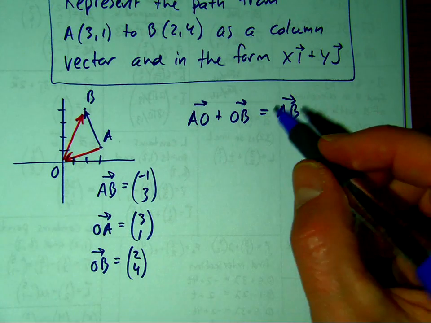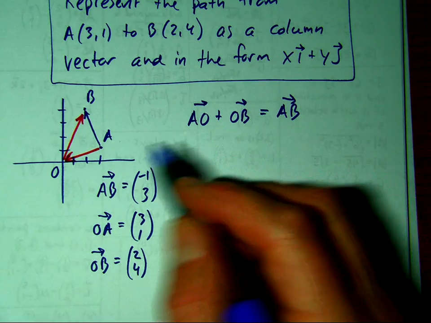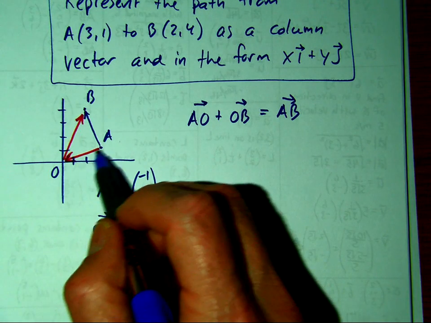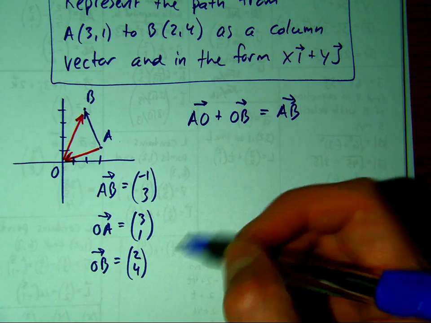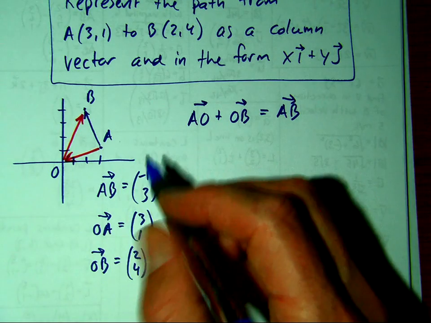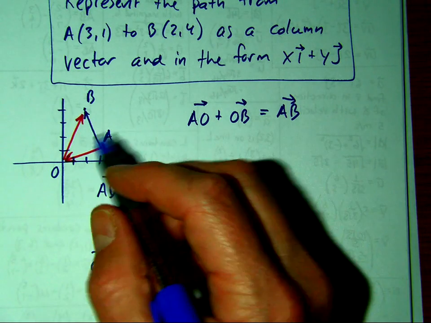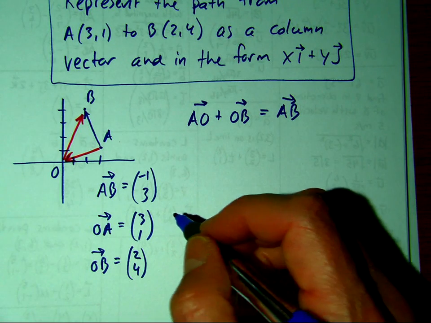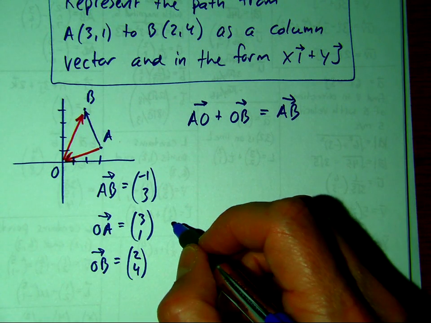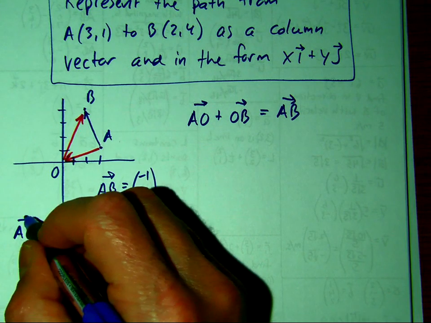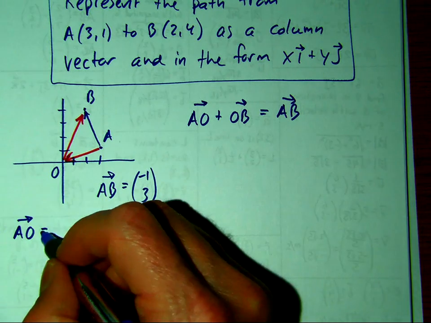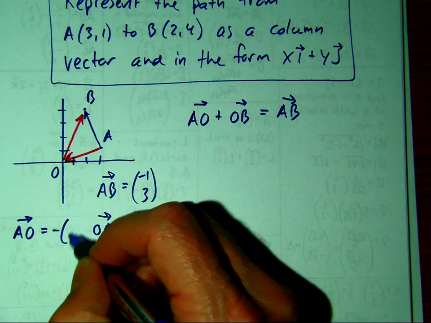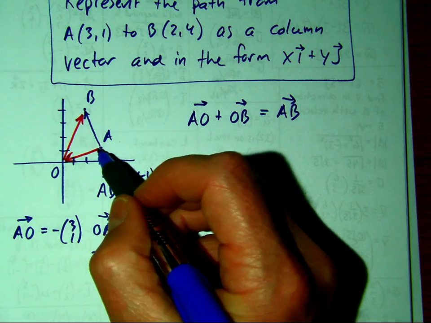We also saw earlier that when we switch the direction of a vector, it's just the negative of the other direction. So we know that going from O to A is this. So to go from A to O, we have the negative of this, because we're going to go left 3, down 1.